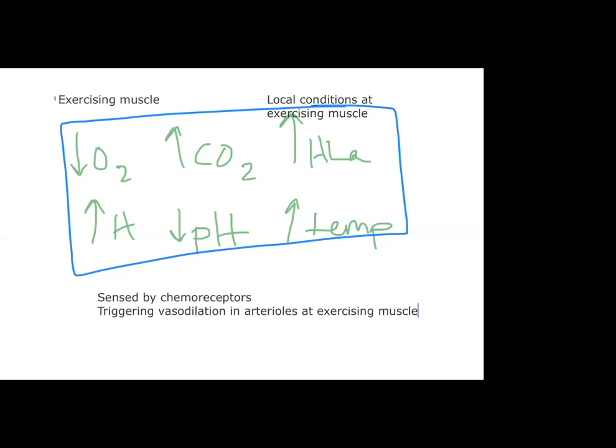As new blood is coming in, it's going to bring in oxygen, clear out the carbon dioxide, clear out the lactic acid and the hydrogen, which is going to stabilize the pH and the temperature. So is this positive feedback or negative feedback? Negative feedback, because it's canceling out.